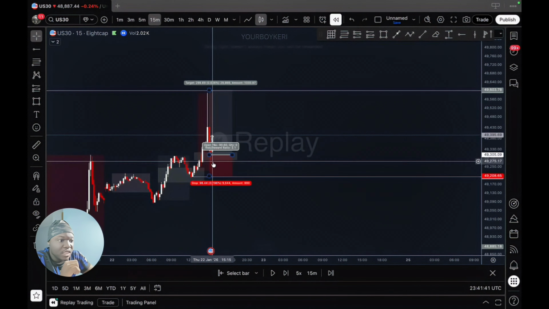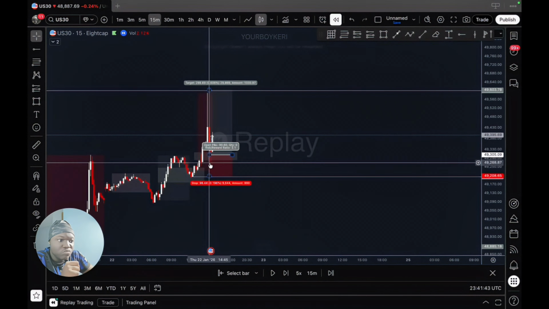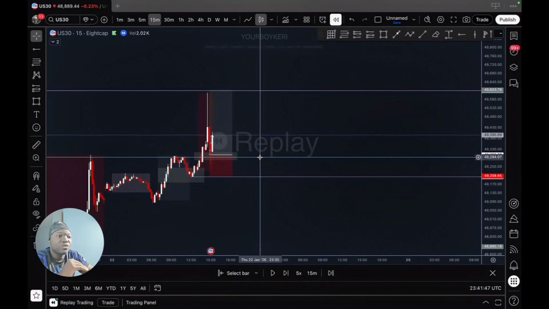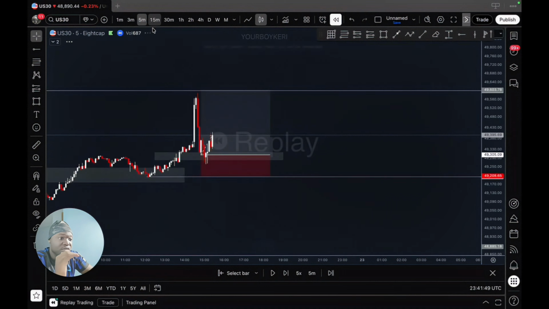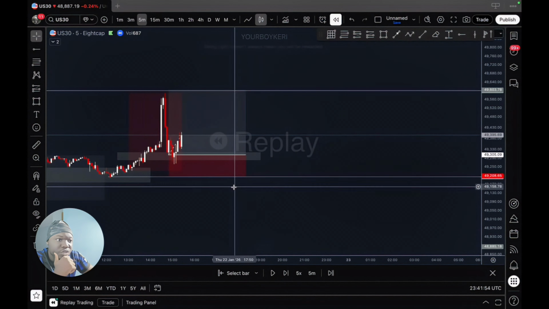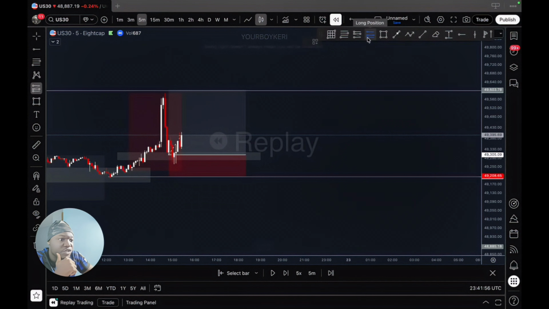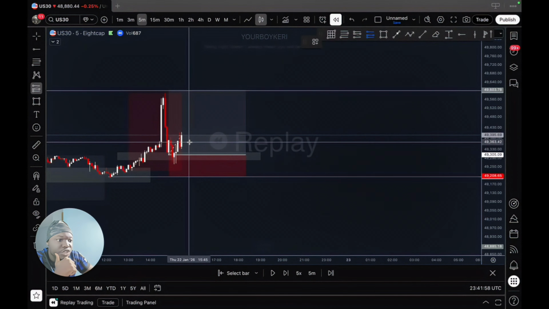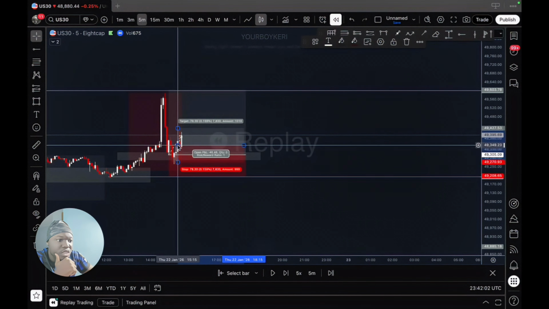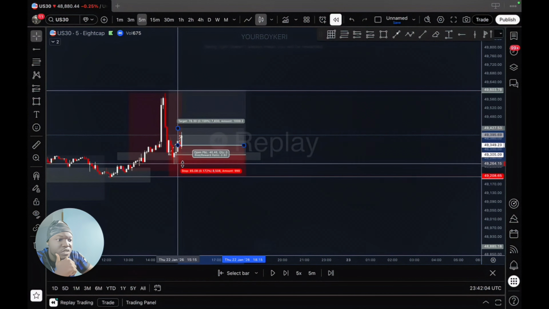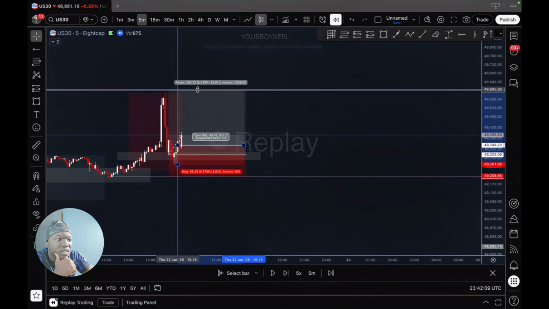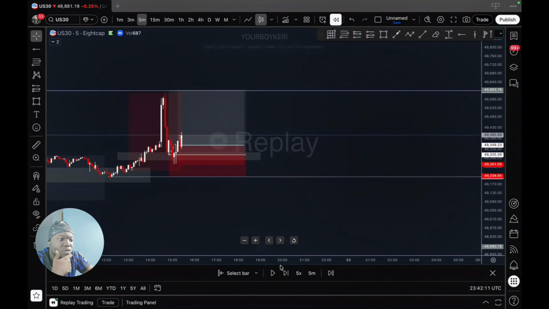But if this had closed below with a full body closure, I might consider this an invalidation and close all my entries. Since it didn't, I held. And since I held, I took another position as soon as price gave this rejection. I think I took another position somewhere here on the rest of my accounts. The stop losses were here. Targeted these highs as well.